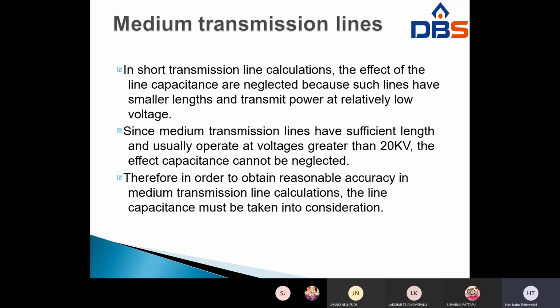Now medium transmission lines. In short transmission lines, there is no effect of capacitance. Capacitance is neglected. But coming to the medium transmission lines, it has sufficient length and is usually operated at a voltage greater than 20 kV.